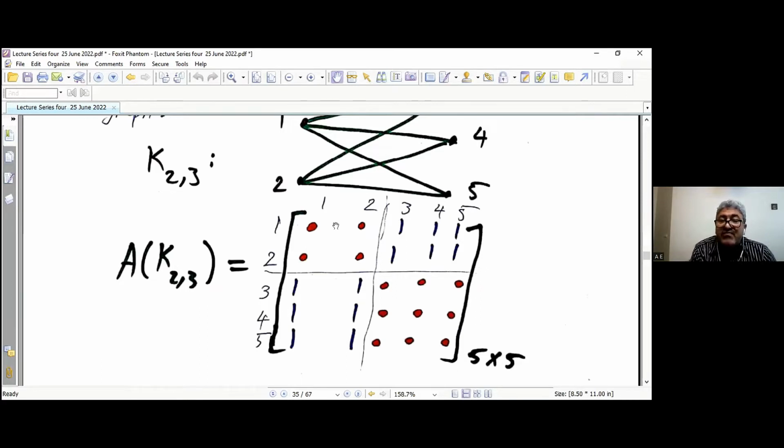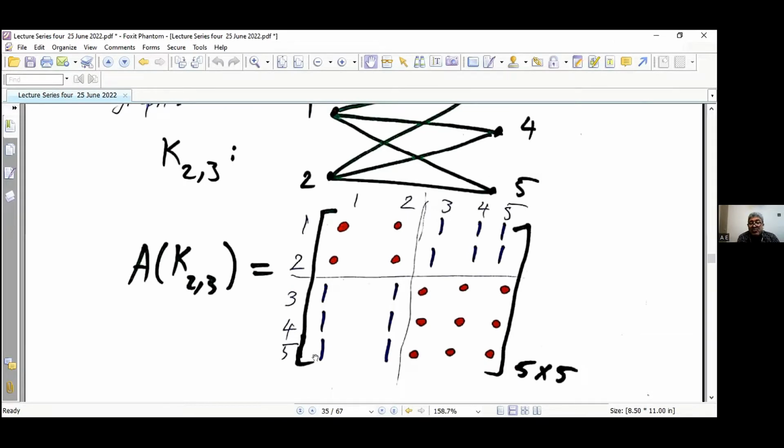We have a block of 2 times 2 zeros on the top left, a block of 2 times 3 ones on the top right, similarly on the bottom left a block of 3 times 2 ones, and on the bottom right a block of 3 times 3 zeros.